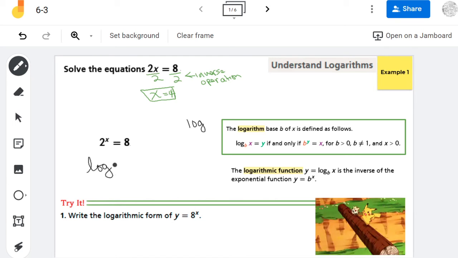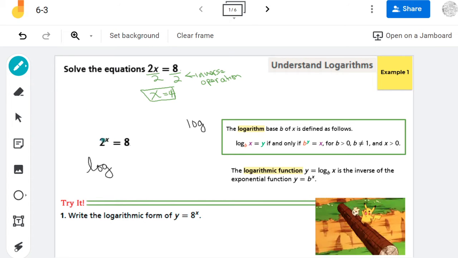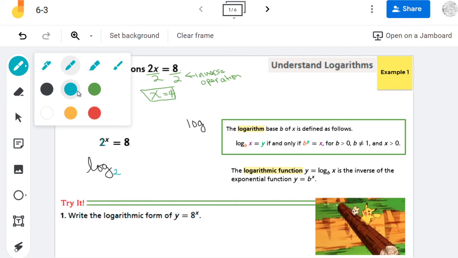Now whatever the base of our exponent is becomes the base of our logarithm. Here this exponential equation has base 2, so I'm going to put log base 2. And notice that's a subscript, at a lower level than the rest of the equation.